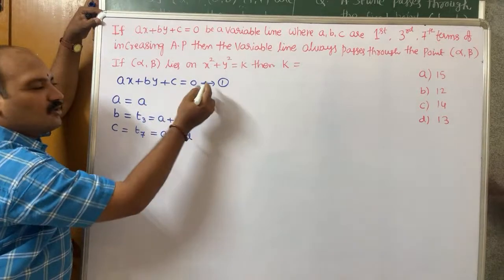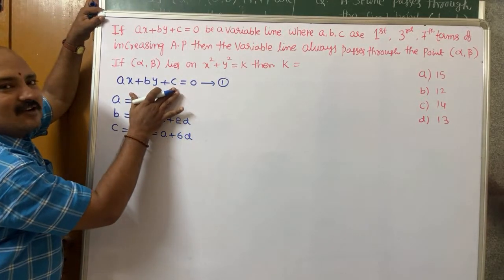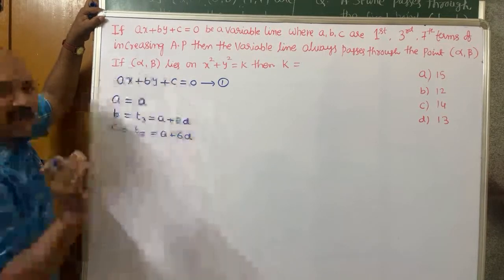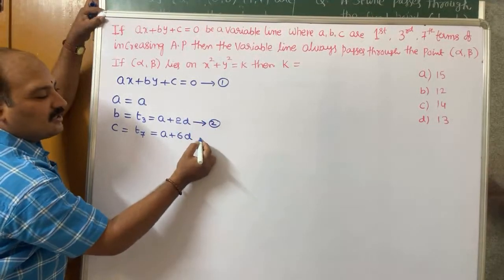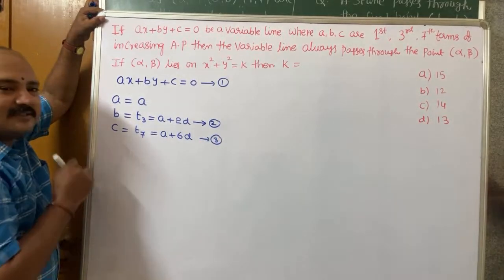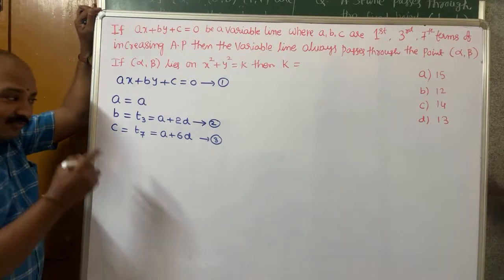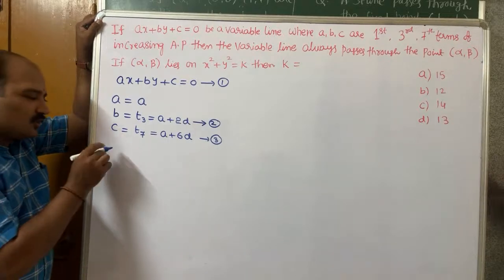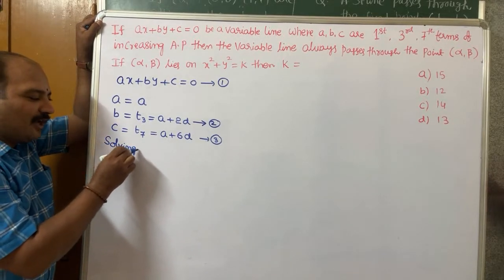Equation 1 is already there. I want c, the constant, in terms of a and b. So equation 2 I am taking this one, equation 3 I am taking this one. I want to eliminate d, so solving 2 and 3.